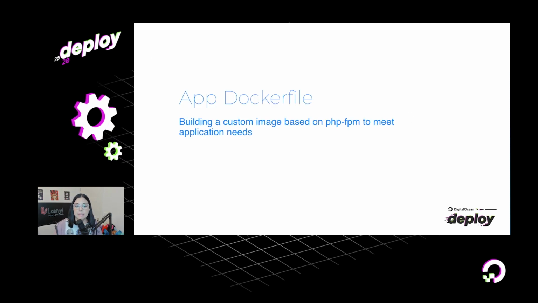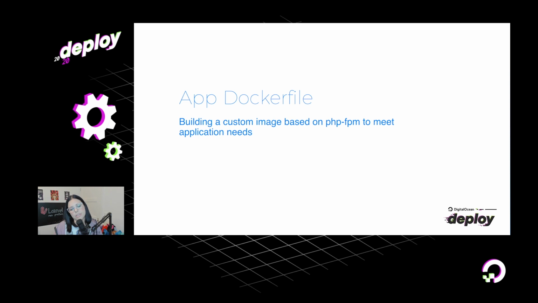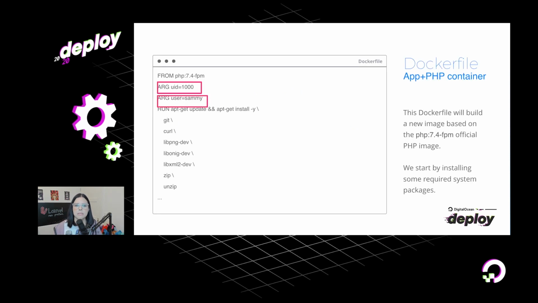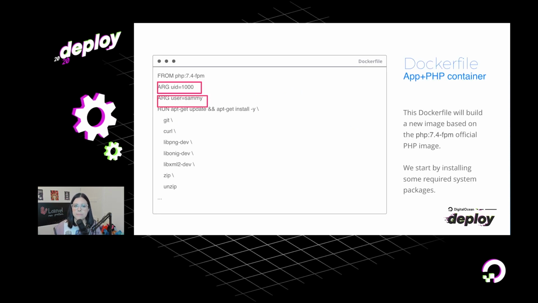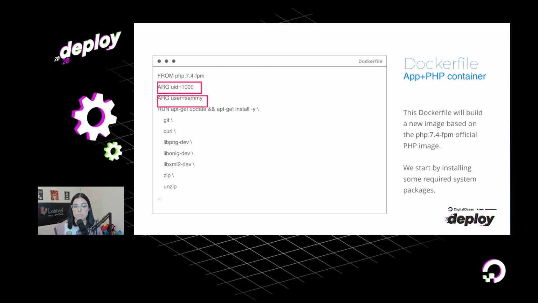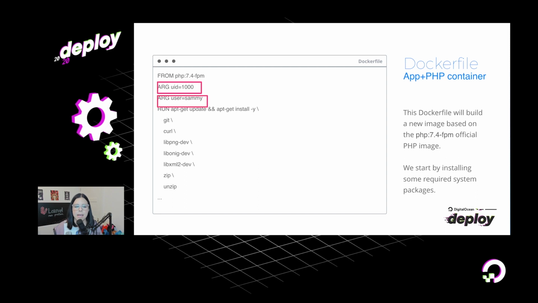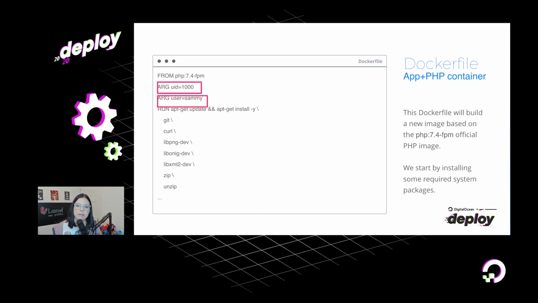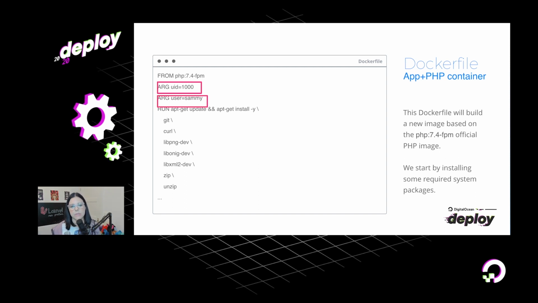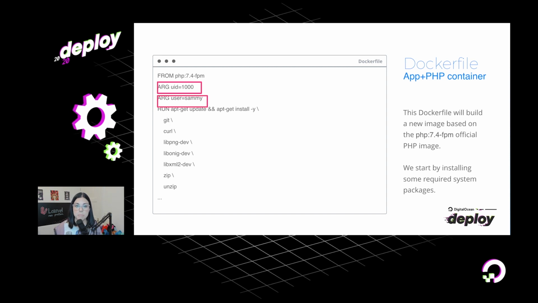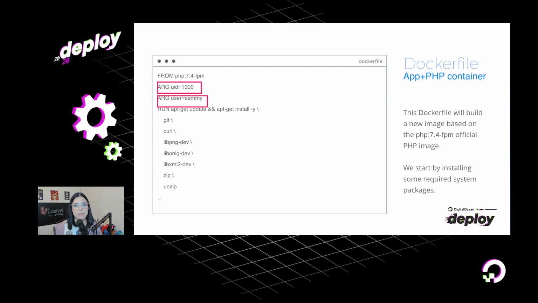And lastly, the Dockerfile for the application. This Dockerfile is to create a custom image for our application, since we need some custom things. It starts by telling Docker to use PHP 7.4 FPM as base image, and we are building from there.